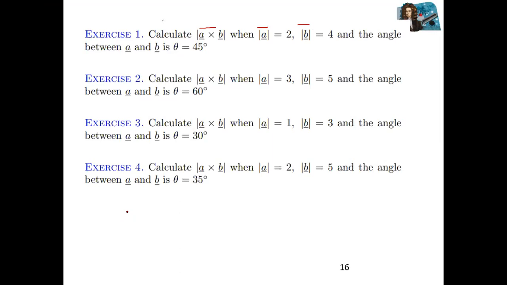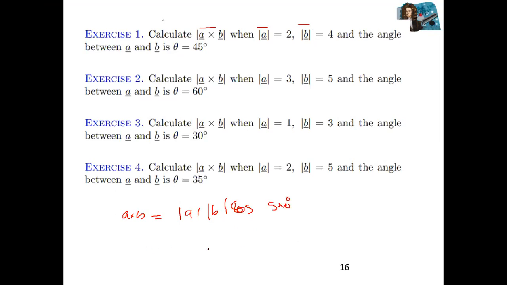We know that A cross B is equal to what? A magnitude, B magnitude, and cosine of what? Theta. Sorry, sine theta, not cosine, sine theta.